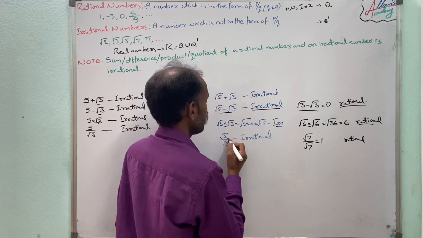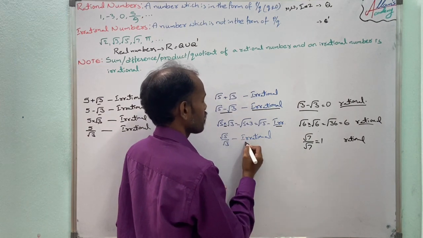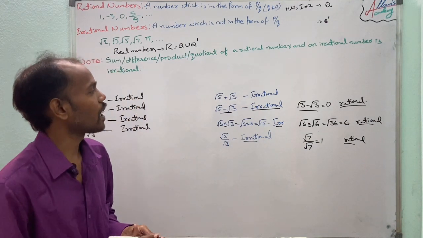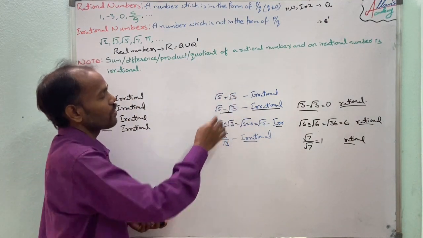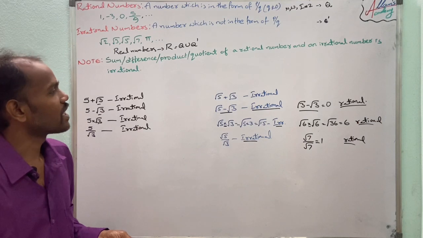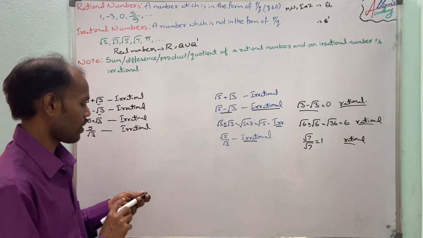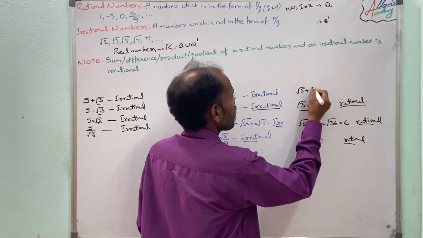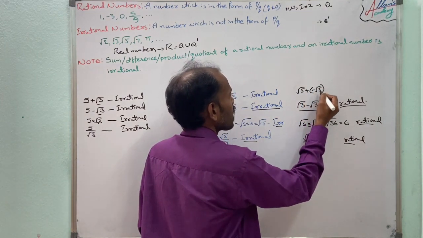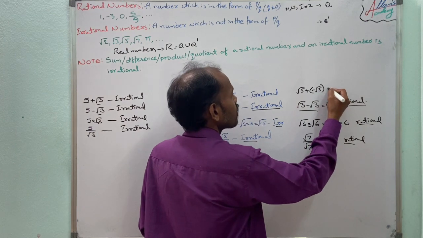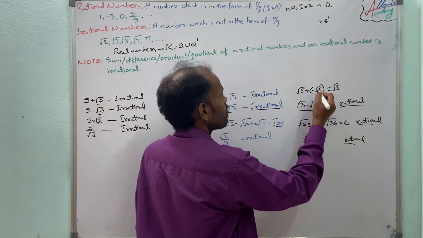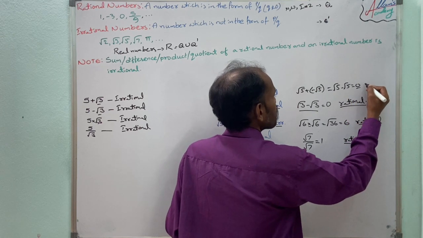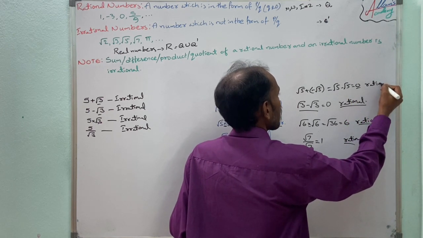So here also the quotient of two irrational numbers may be irrational or rational. And for the addition too, if one is taken as positive and another one as negative, root 5 minus root 5 equal to 0. So now 0 is nothing but rational.